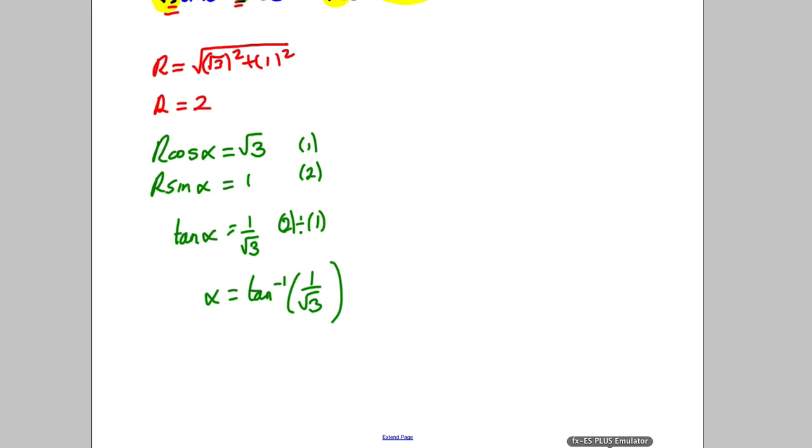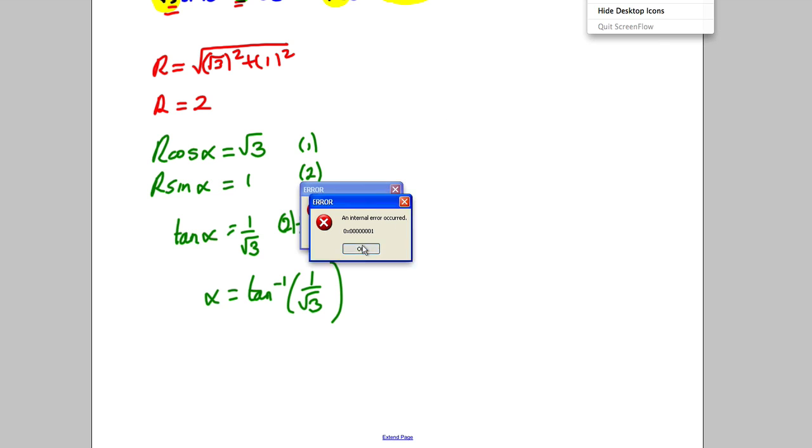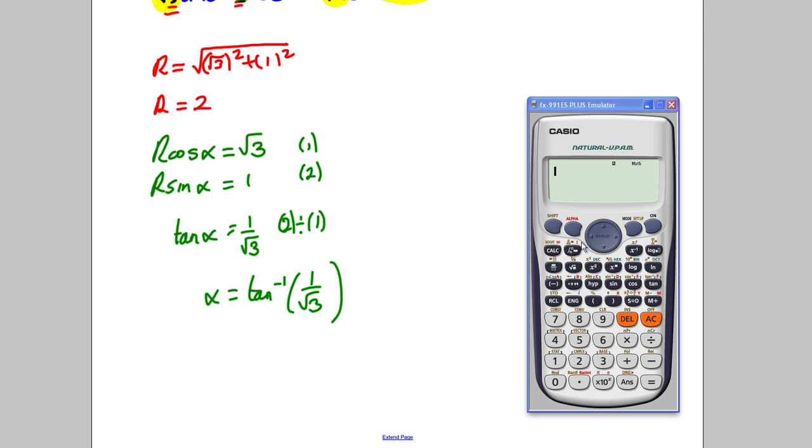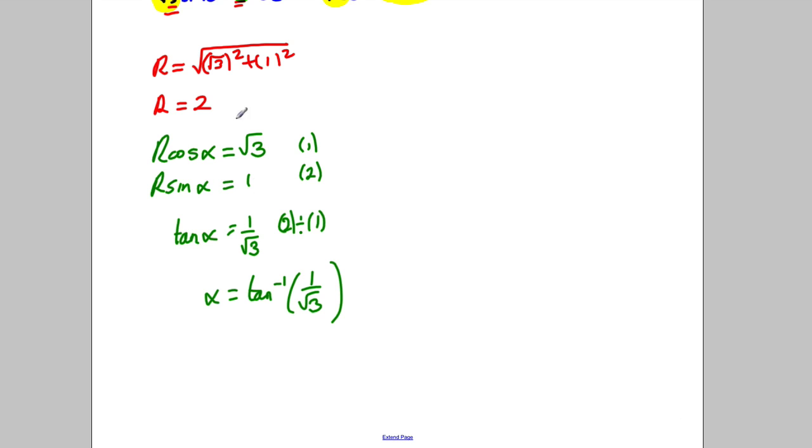So get your calculator out. And so alpha is going to be the inverse tan of 1 divided by root 3, and it's pi by 6. So alpha is going to be equal to pi by 6.